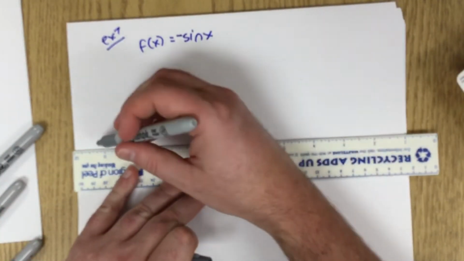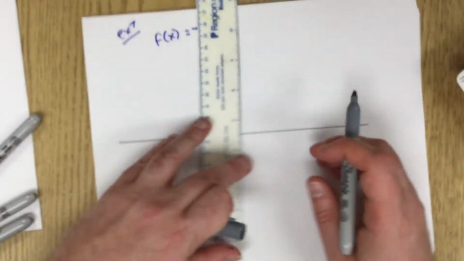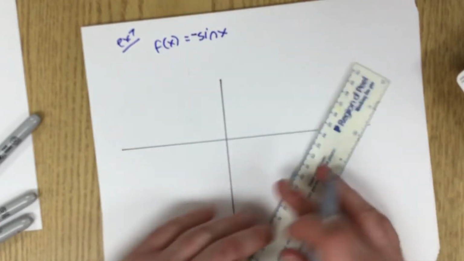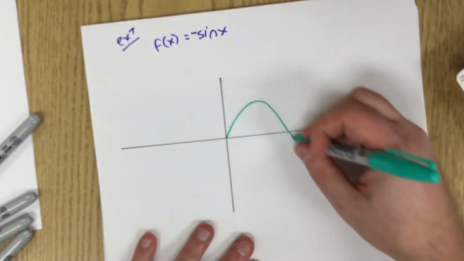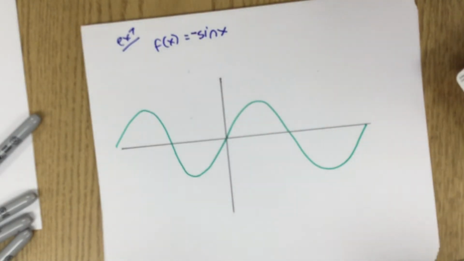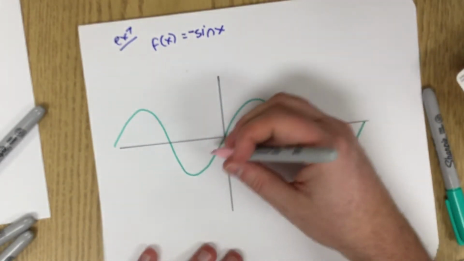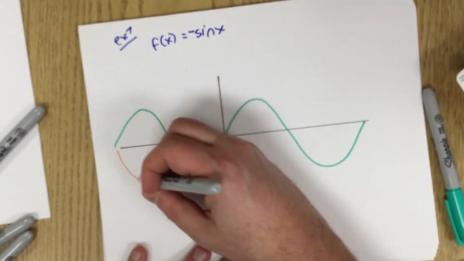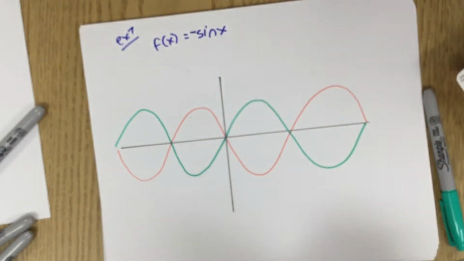And vertical flips for sine graphs are a little bit interesting, right? So a normal sine graph looks something like this. And then if we vertically flip it, so that goes down and that goes up, it flips over the x-axis and it looks something like that.